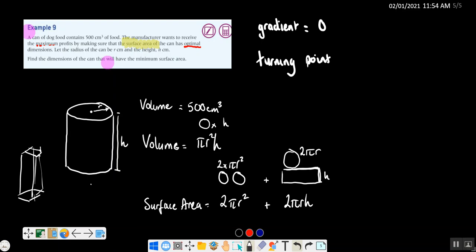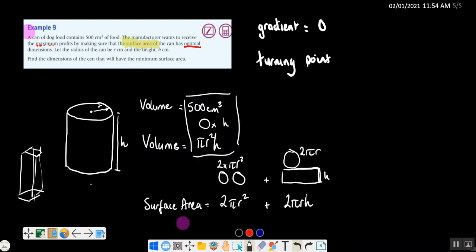Well, we've got two equations, one for volume, one for surface area. But when we've done our differential calculus, we've only ever used one thing, yeah? So what we need to do is combine the two and have one. So the one thing I haven't done yet is stick those things together.